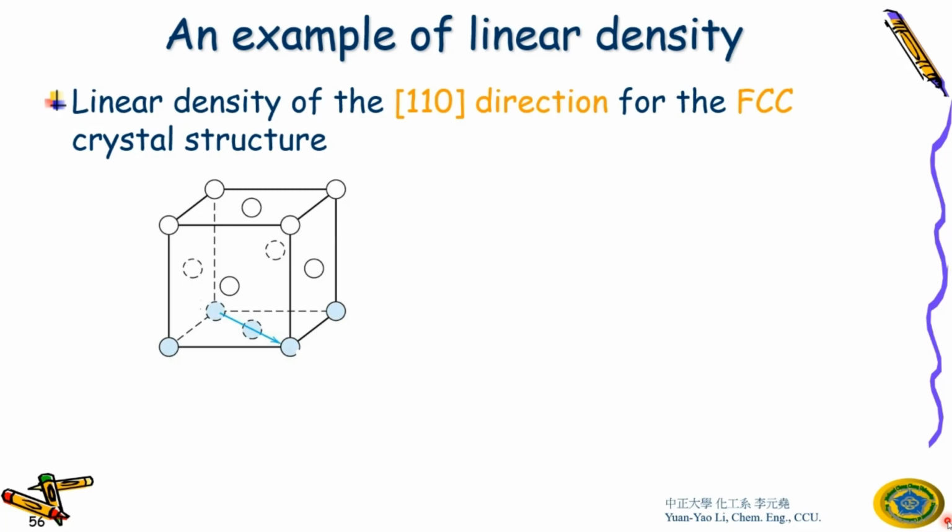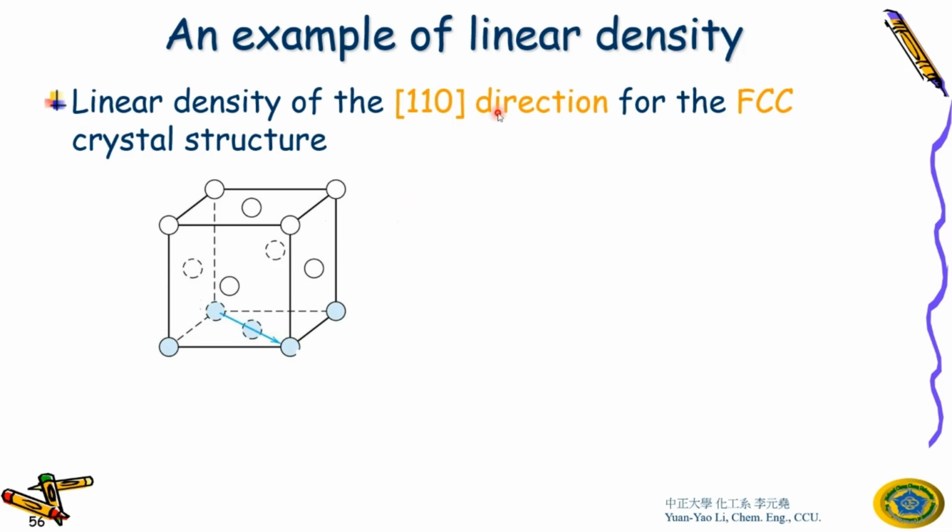Okay, let's have an example of linear density. If you want to write the linear density of the square bracket 110 direction for the FCC crystal structure. This is FCC, right? There are 6 atoms in the 6 faces. There are 8 atoms in the 8 corners.